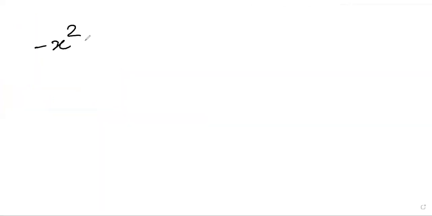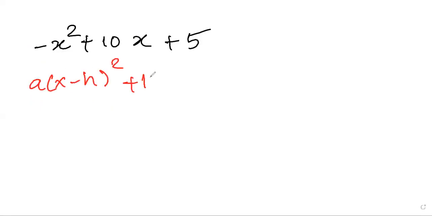How do you find the vertex for minus x square plus 10x plus 5? Okay, this is the quadratic equation. For this kind of equation also, I've told you it's a times x minus h the whole square plus k. That is the common form of this. So it's minus x square plus 10x plus 5.